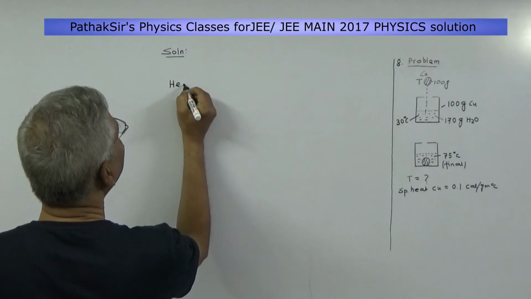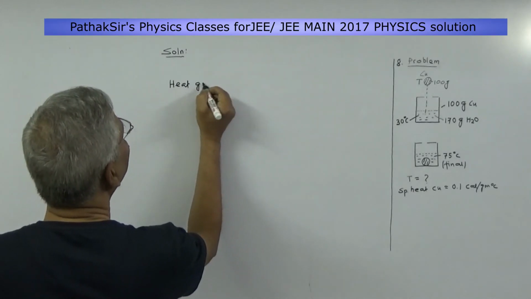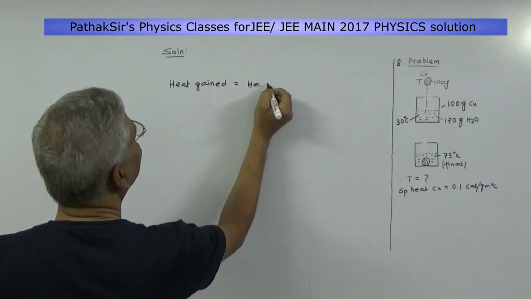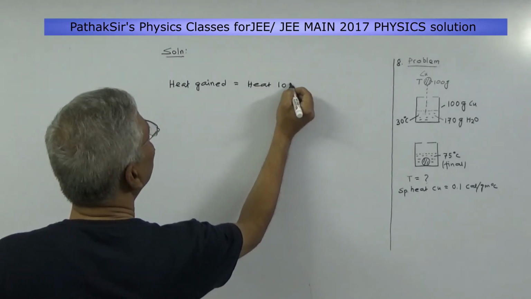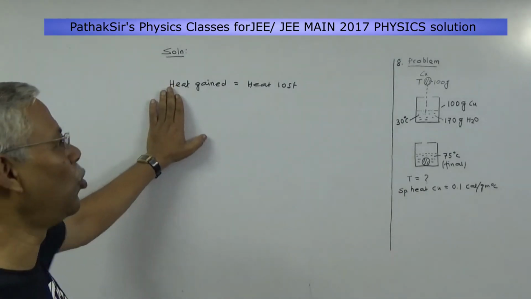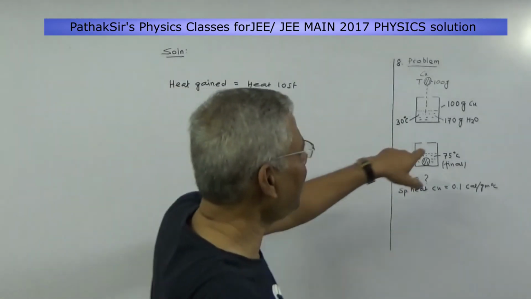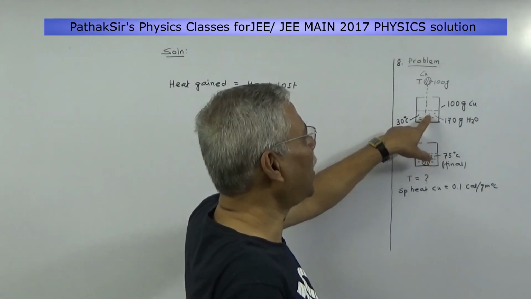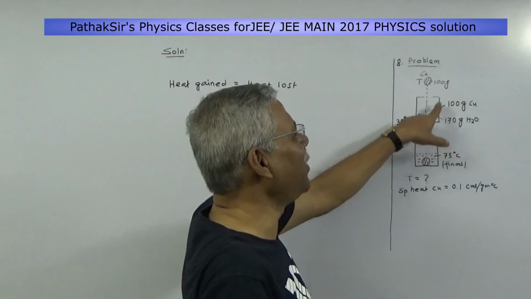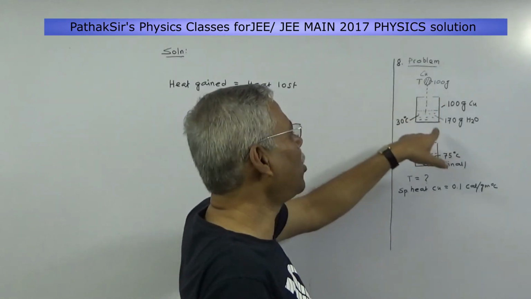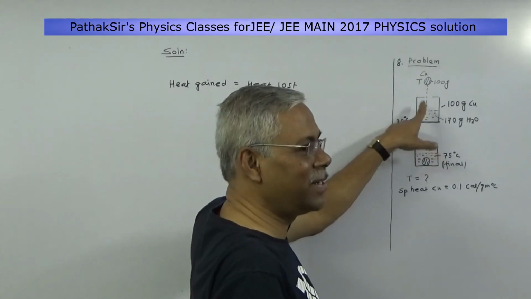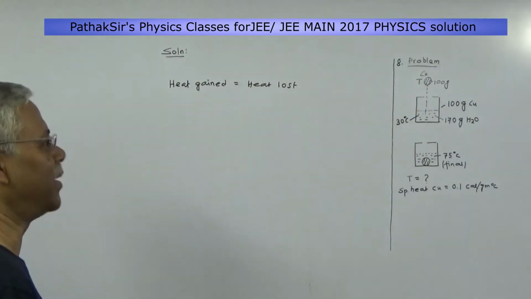We will apply the calorimetric principle. Heat gained equal to heat lost. Who gains heat? Obviously the colder body. Here water is colder, so water will gain heat and its container will also gain heat, because the system temperature is 30 degrees centigrade, water is at 30 degrees centigrade, calorimeter is also at 30 degrees centigrade.